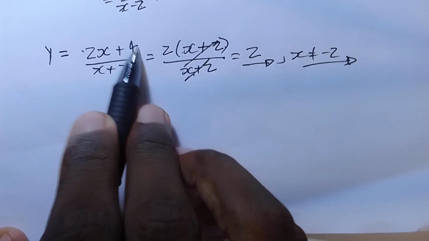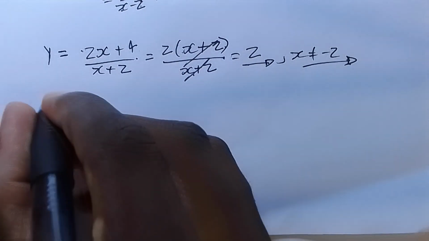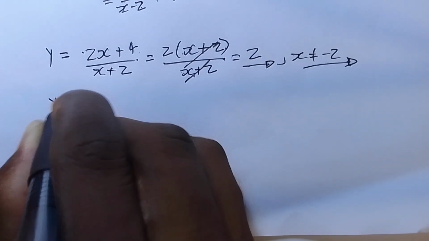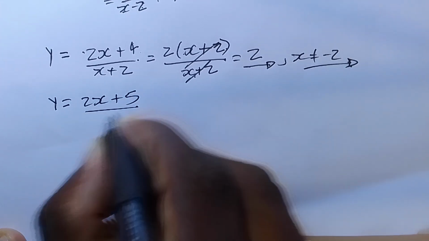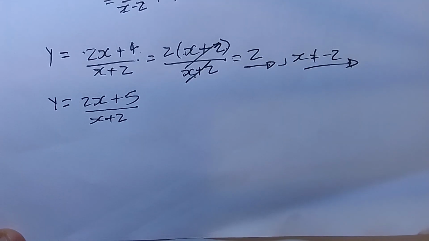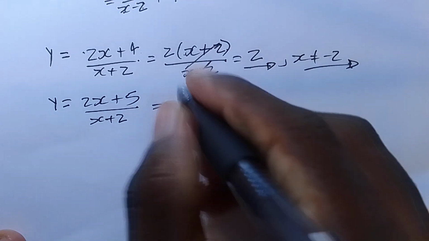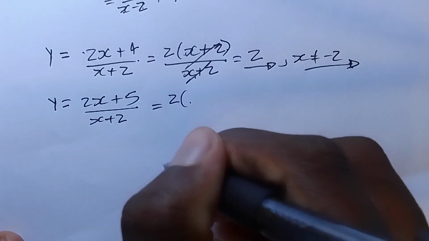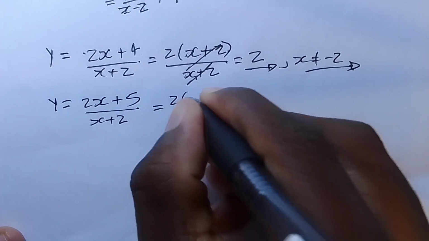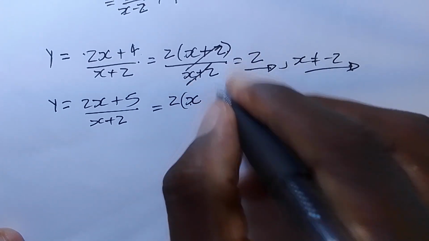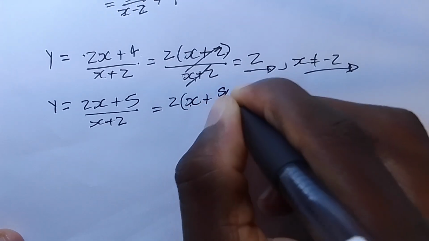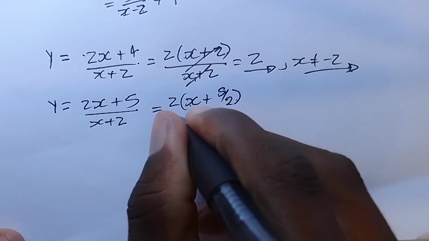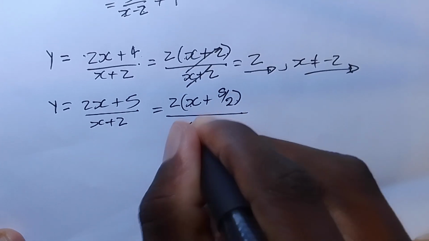Right. Let's try something without a 4 there. Let's say y is equal to 2x plus 5 divided by x plus 2. If you have this, you take out 2 as a common factor once again, and then you have x plus 5 over 2, divided by x plus 2.